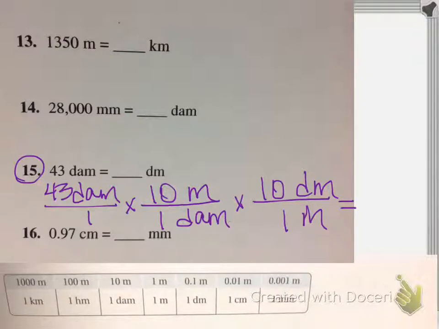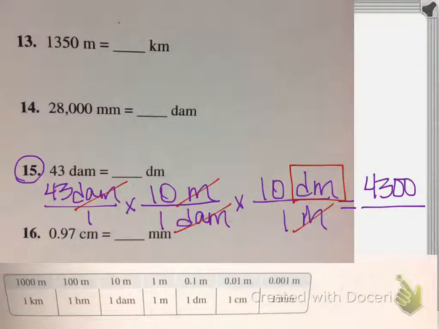I have 43 times 10 times 10. And before I forget, let's cancel out our units. So I know that I'm going to have the right units when I'm done, and my denominator looks like 1, so 4,300.